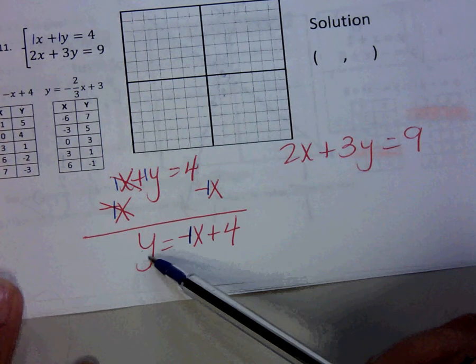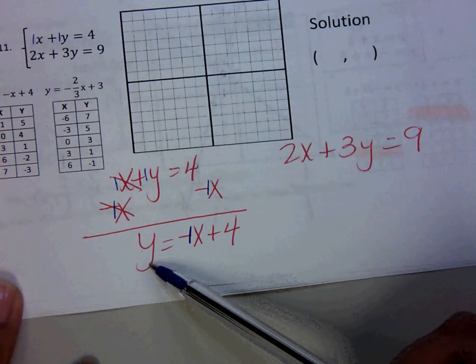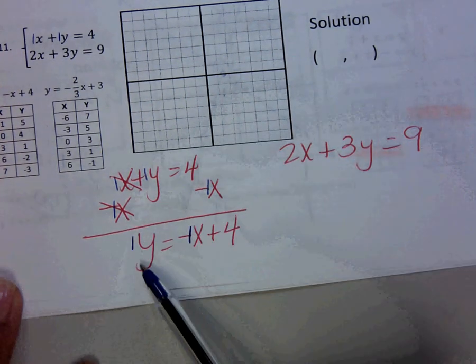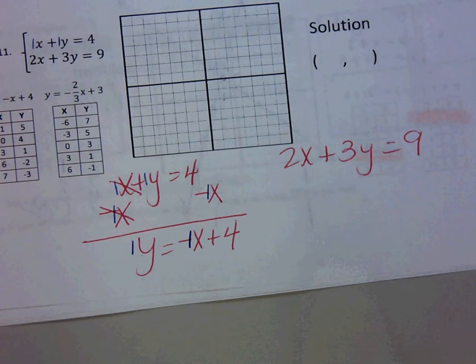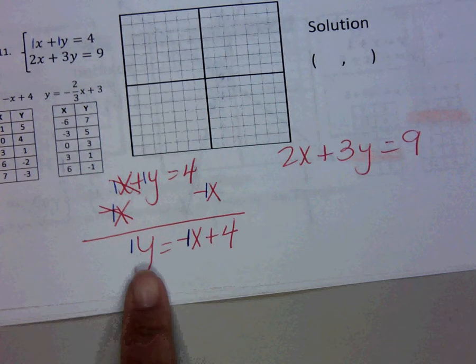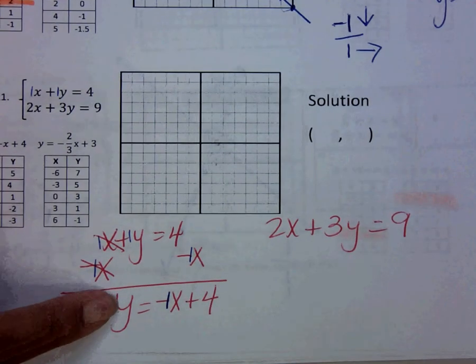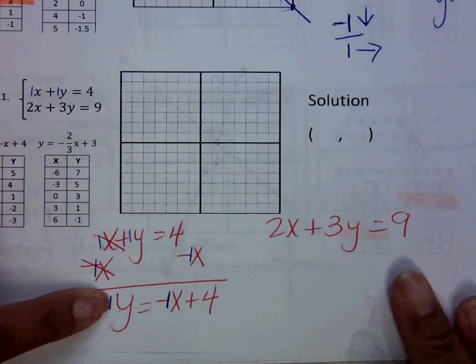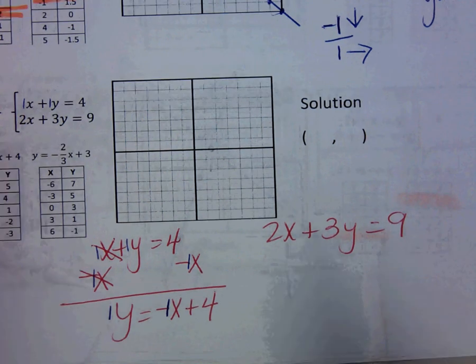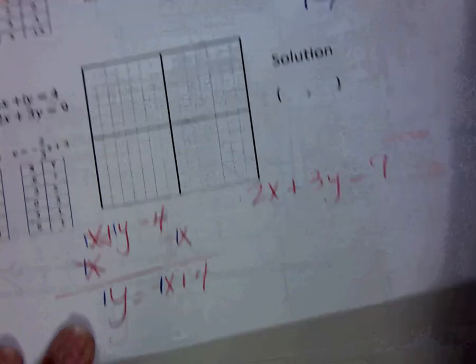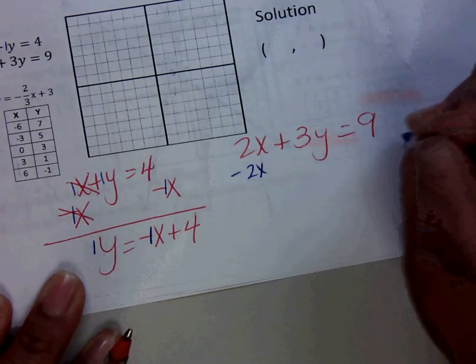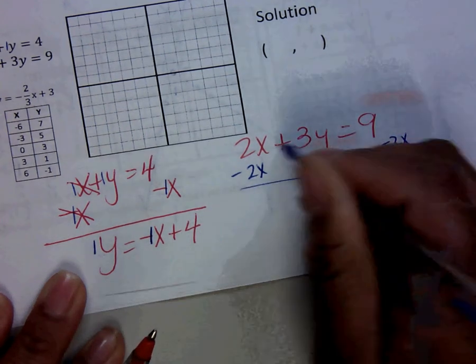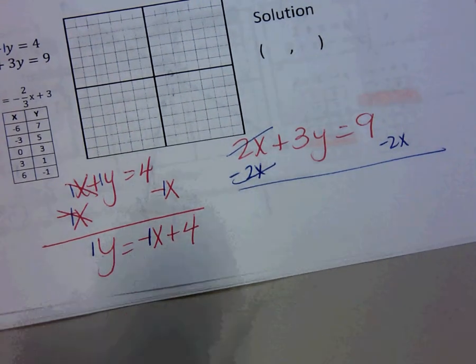But how many y's do you see, guys? 1. So, when you see 1y, don't try to divide the 1 off because it's not going to do anything. It's still correct if you have it like that or like this without it. Okay? All right. Subtract 2x. Bring down the 3y.